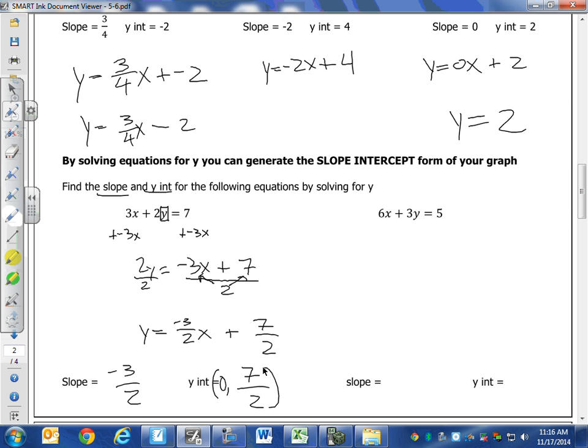Everybody, you have to divide everything on that right side. And if you get negative 6 over 3, might as well simplify it.